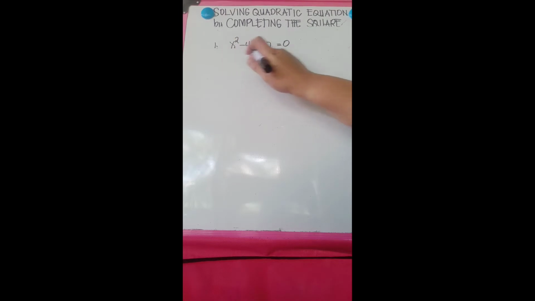So, pwede ba natin isolve to by factoring? So, let's try. Diba, in factoring, we are getting the factors of the last term whose sum is the middle term. So, the last term is negative 7. What are the factors of negative 7? We have negative 7 and 1. And another is 7 and negative 1.